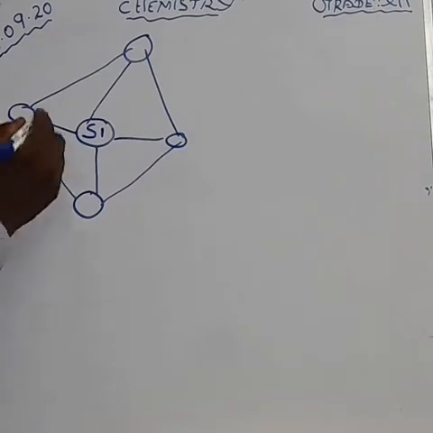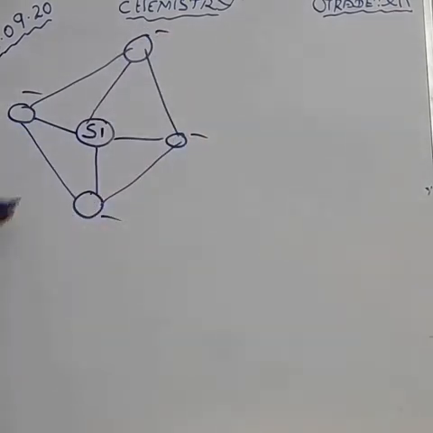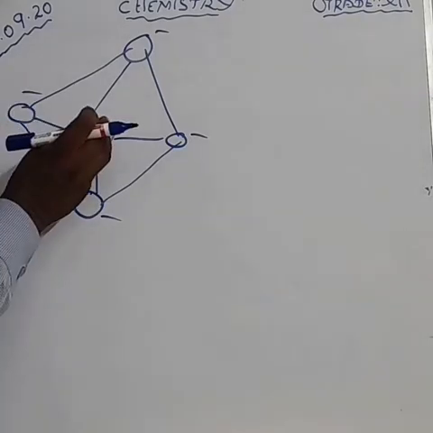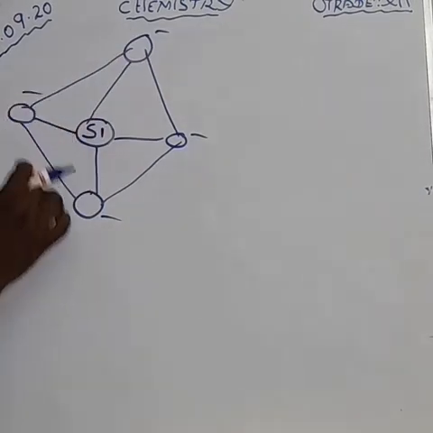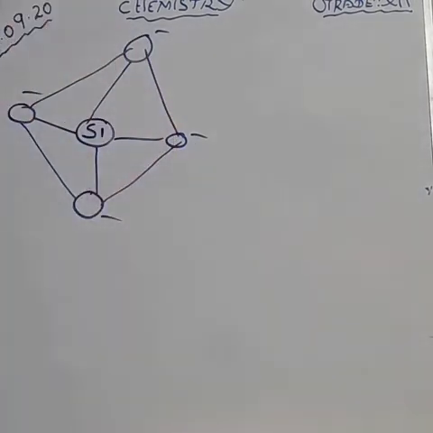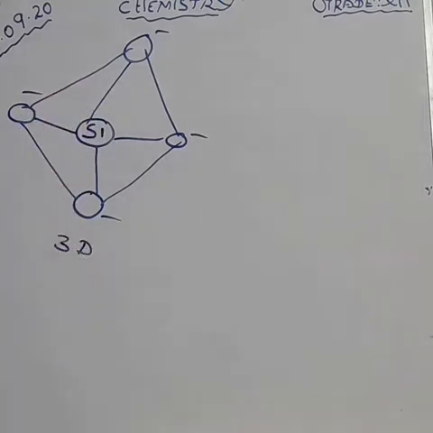Here, all oxygens have a negative charge. This is the 3D view. Here, the silicon is at the center, and 4 oxygen atoms tetrahedrally surround the silicon atom. Okay, this is the 3D view.